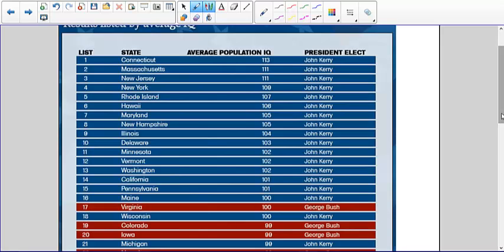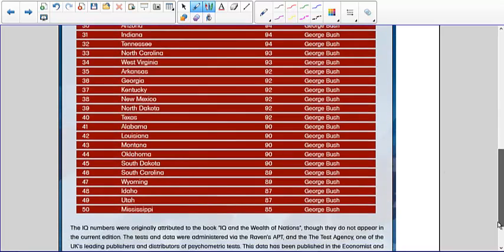I don't know where they got this data from, but it has states with the population average IQ, and they show who they voted for and their ranking. So we have Virginia. We're the 17th. We have an average IQ of 100, which makes us average. And then you go down to the bottom, and Mississippi has the lowest IQ, according to this data.